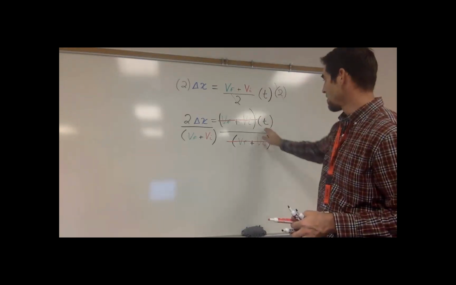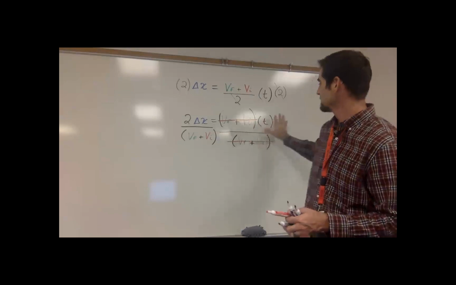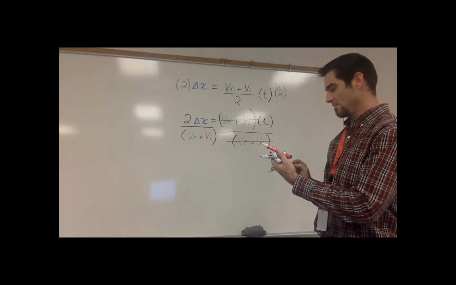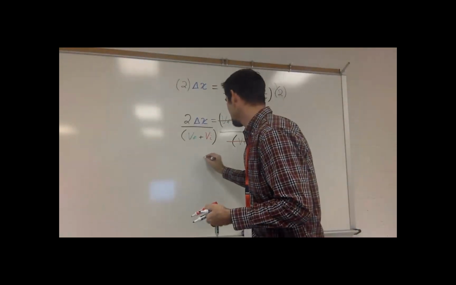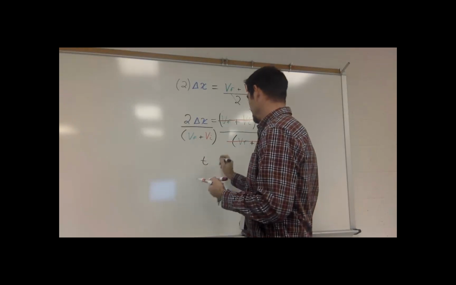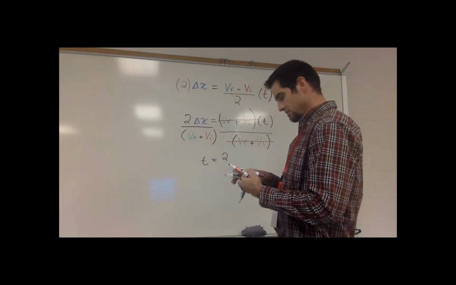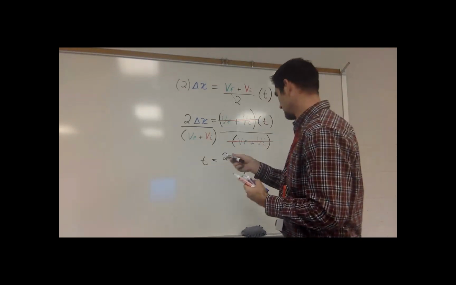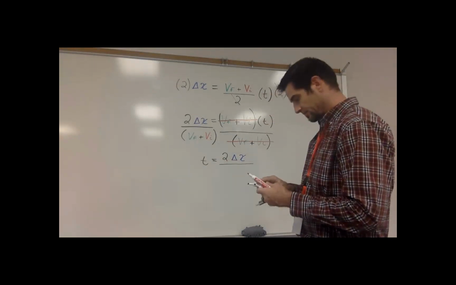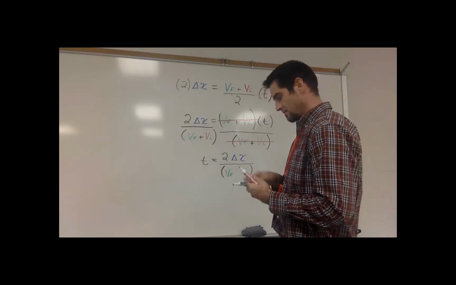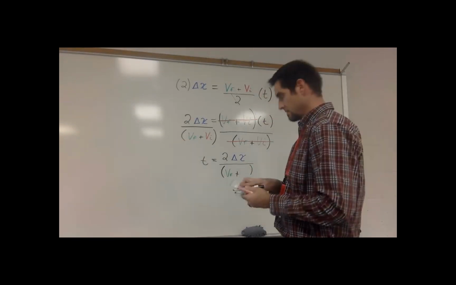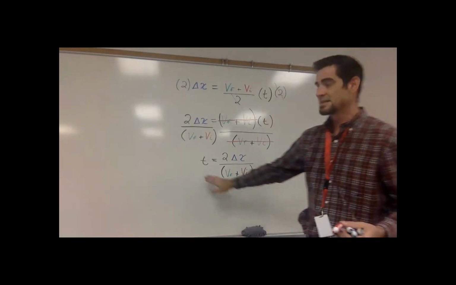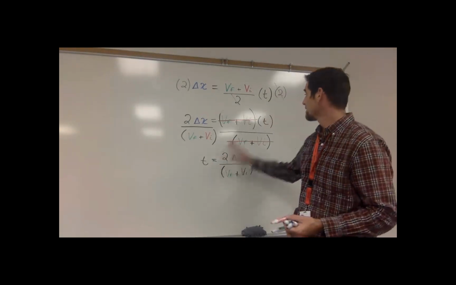Now let's rewrite our equation. See, the only thing on this side of the equal sign is time. So let's put time on the left side now and just rewrite it. So we've got time is equal to 2 times our change in distance divided by the final velocity plus the initial velocity.